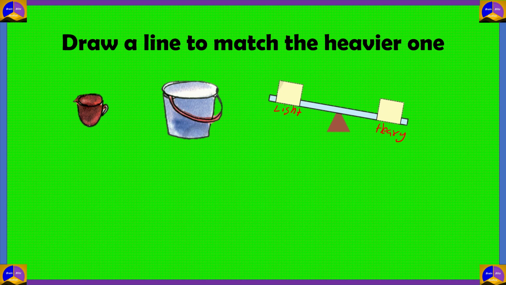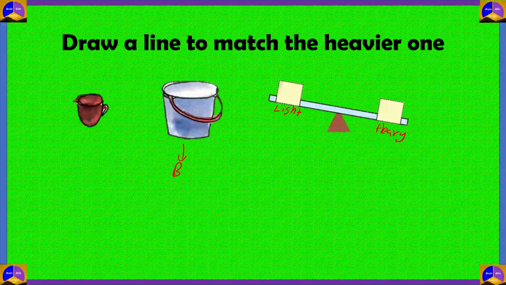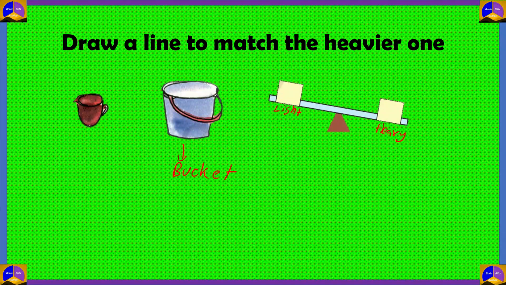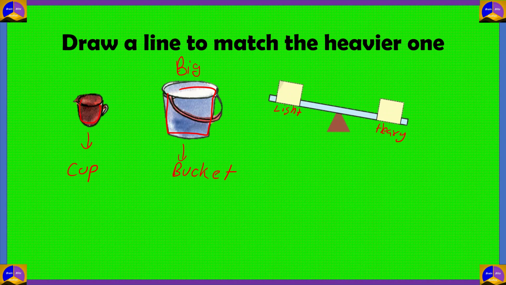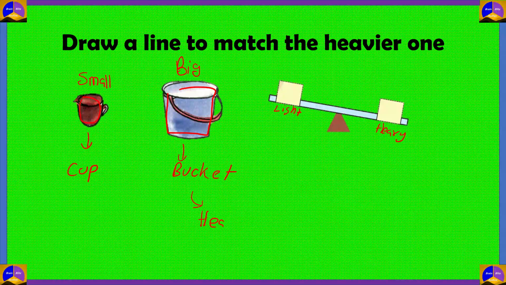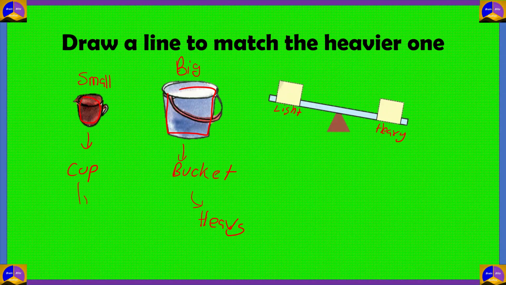Now let's look at the objects. This is a bucket and this is a cup. Now, as you can see, the bucket is big and the cup is small. So that means that the bucket will be heavy and the cup will be light.